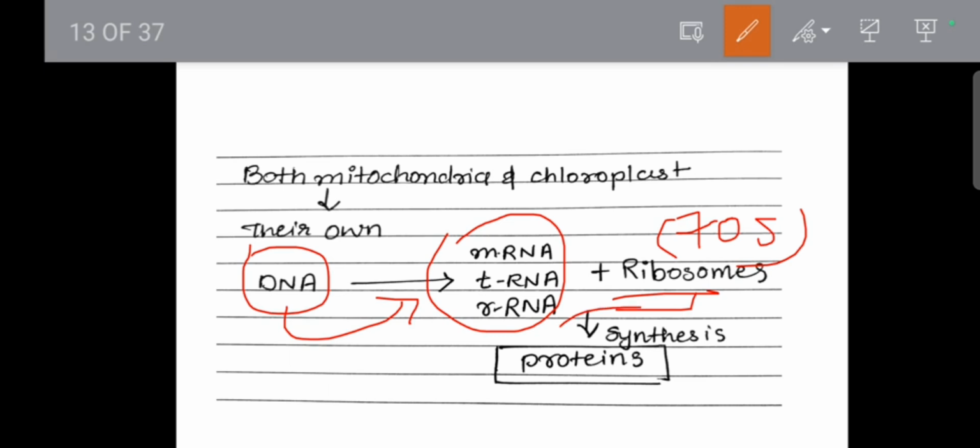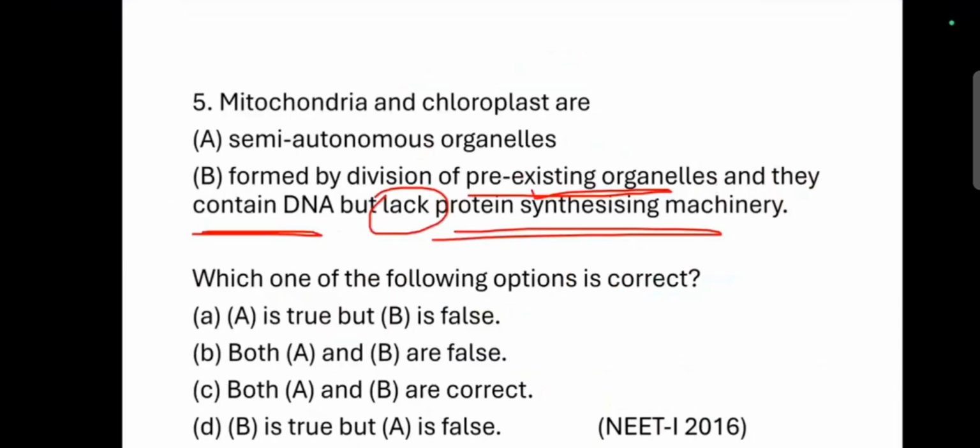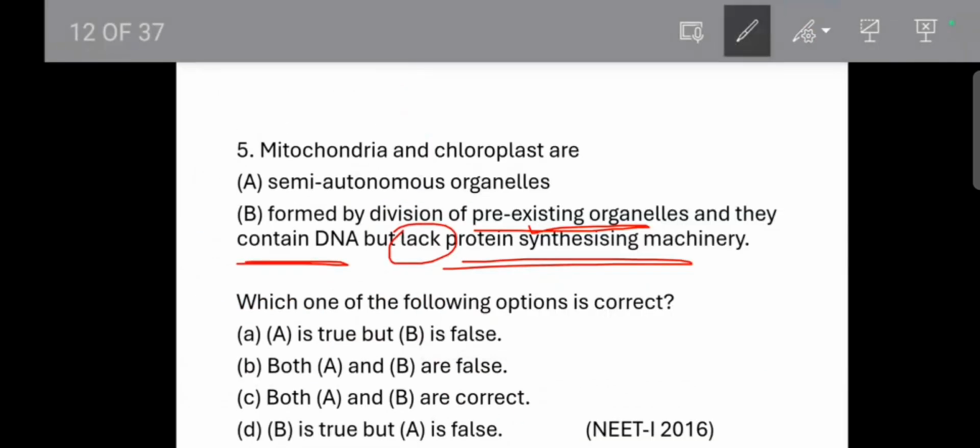So they synthesize some proteins, and these proteins help process all the mechanisms of the mitochondria and the chloroplast. So the statement "lack of protein synthesis mechanism" is the wrong one. Which one is the right one? The answer is A. A is true: these are the semi-autonomous organelles.